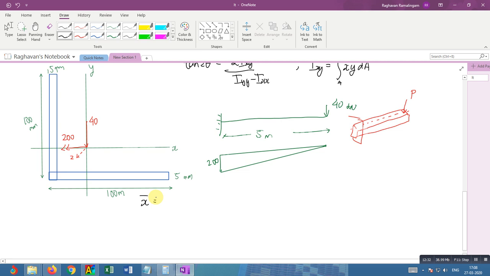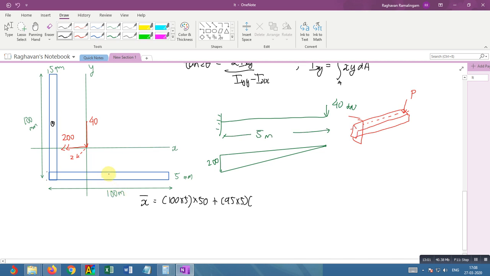So x bar is nothing but 100 times 5 times 50 plus 95 times 5 times, so it's already 5 from here to here. The center of this part will not be at 50, it will be somewhere else.